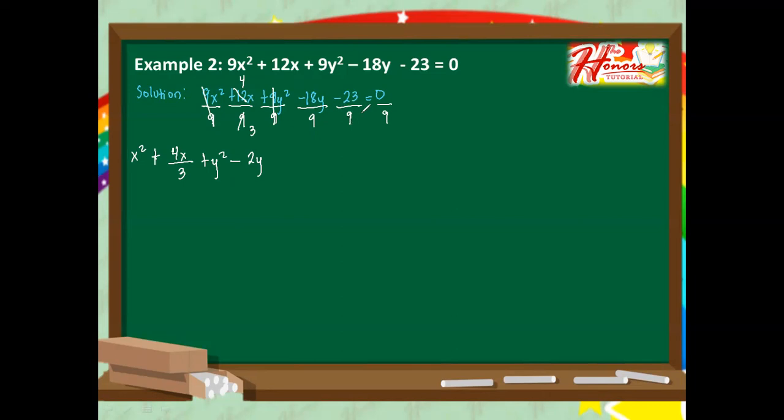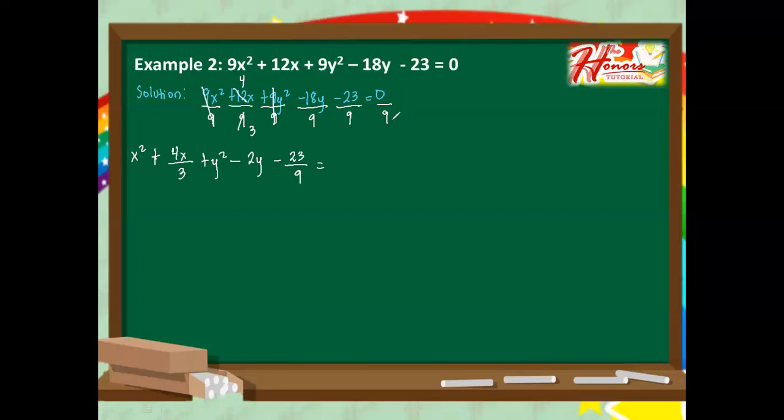For negative 23 over 9, yes, we cannot divide it and produce a whole number as an answer. And it is also not possible for us to think of a number that can divide the numerator and denominator at the same time without remainder. So therefore, what you're going to do is just copy negative 23 over 9. It's fine.